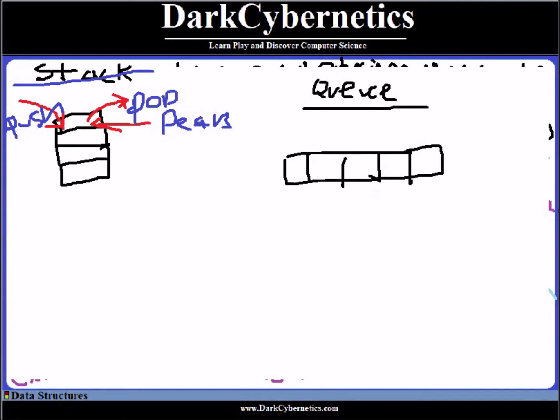It looks almost like an array, but we have a head and a tail part of the structure, and we give them different names. The head is referred to as the front. So we want to write the word front here. And the back part is called the tail, and we use the word rear here.